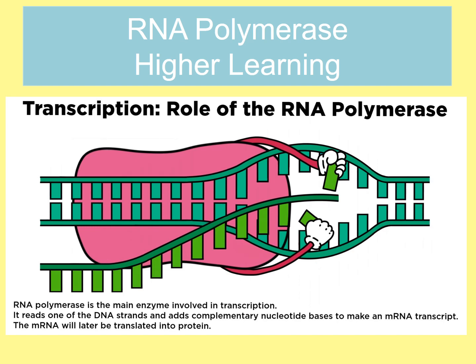The process of transcription is the synthesis of messenger RNA from a section of DNA. A promoter is a region of DNA in a gene where basically transcription is initiated, transcription begins. RNA polymerase is the enzyme responsible for transcription, as hopefully you can see in the diagram.